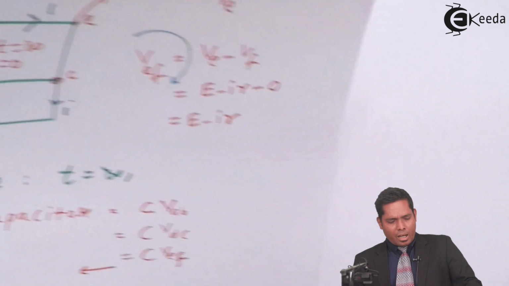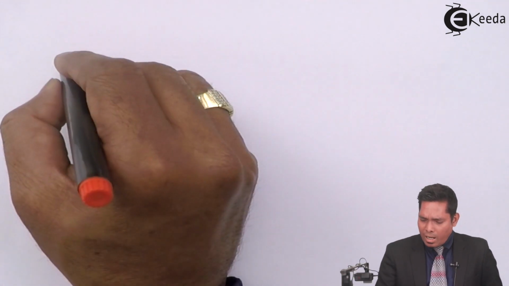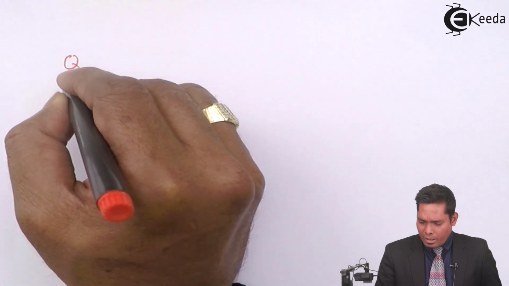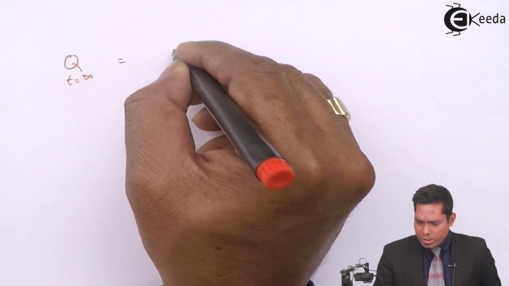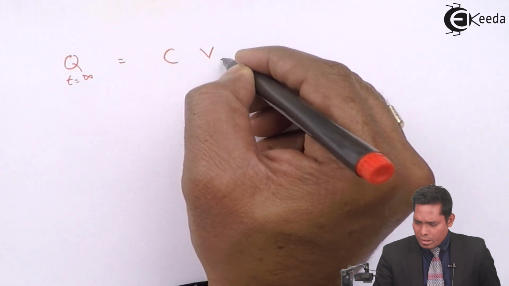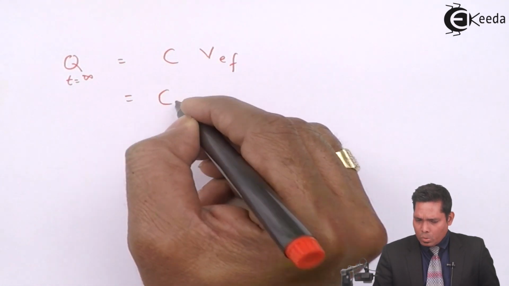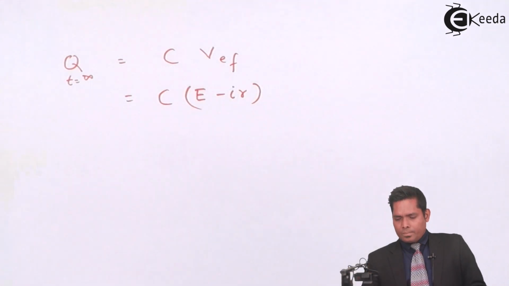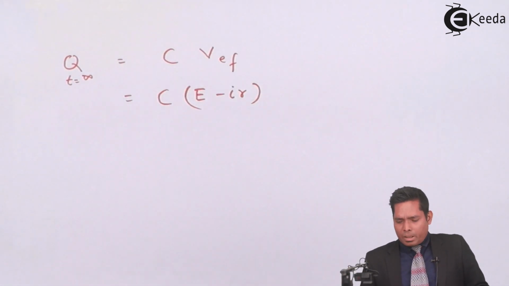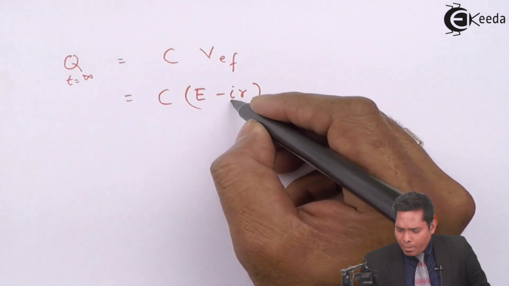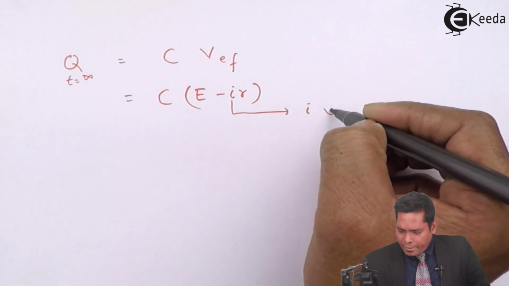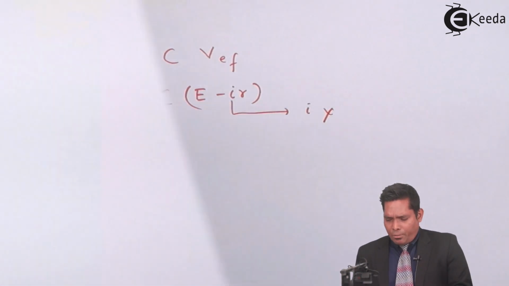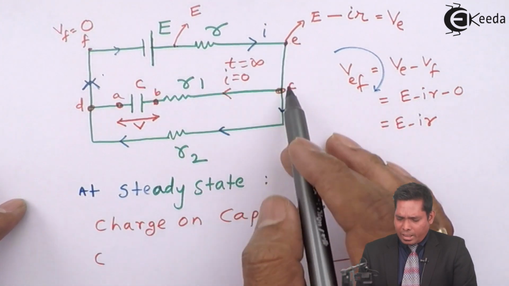So putting that, I get the charge on the capacitor at time infinity equals C into V of EF, that is C into, now we got, E minus IR. But then I have to simplify this, I don't want this I. At time infinity, let me calculate the current that is flowing.